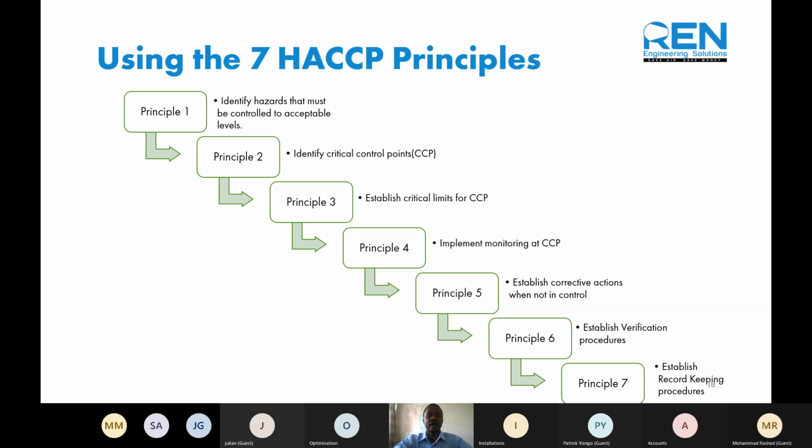So we'll look at how you can use the 7 principles of HACCP to ensure that your compressed air meets the required quality standards. This slide gives a summary, but we will go through each principle one by one.